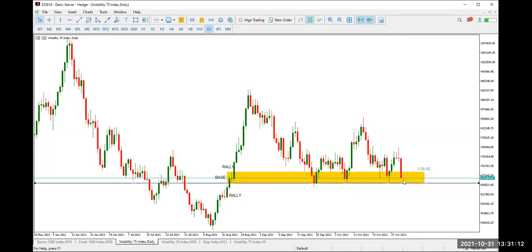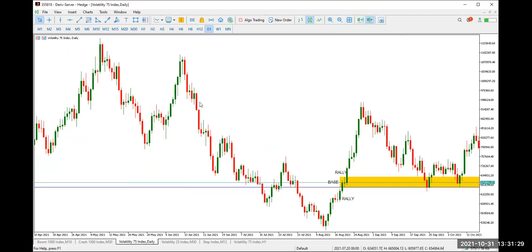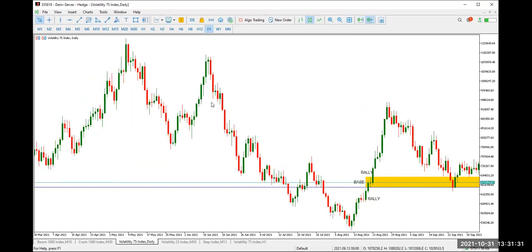So the market has been here, and they are still coming back again to this place. See, still yet, they are not breaking it. So that's it. Guys, rally base rally.